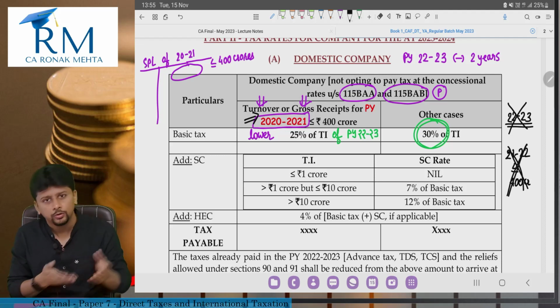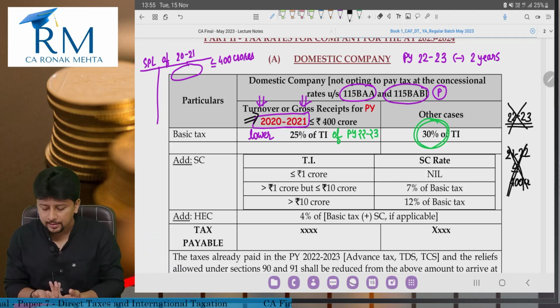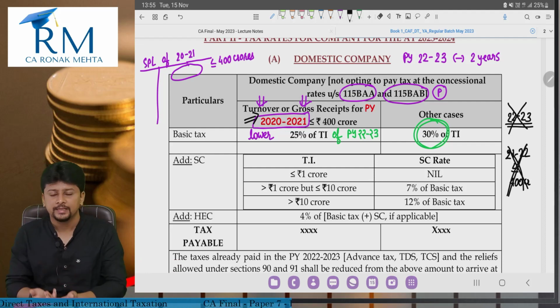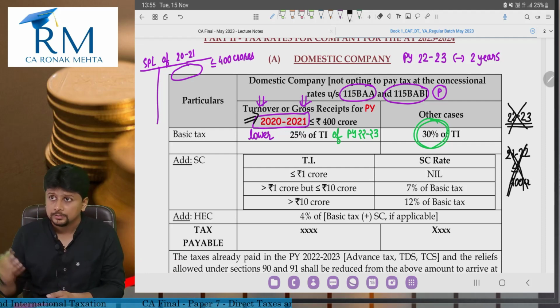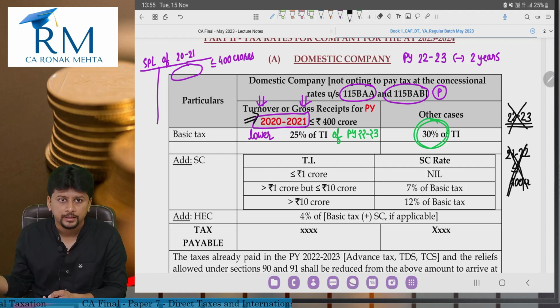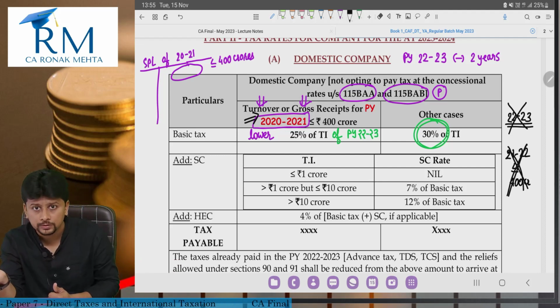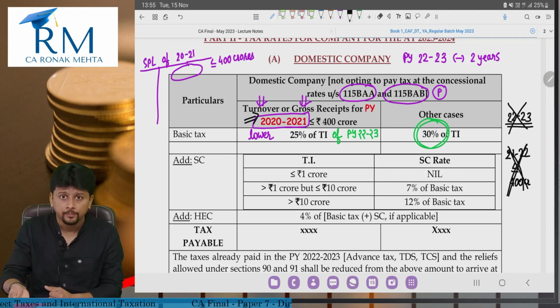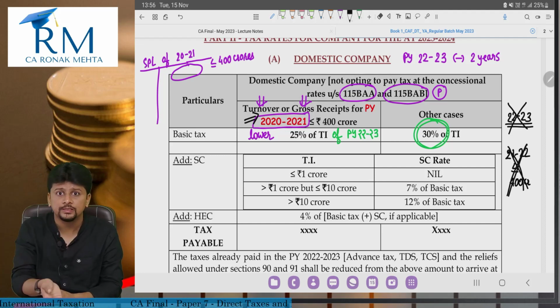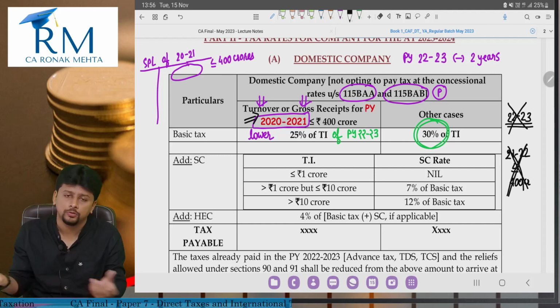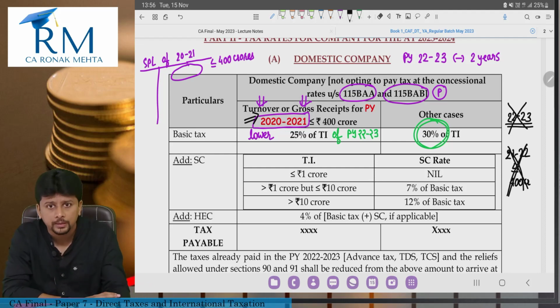Current year also, 2 years ago also, they are capable enough of paying tax at the rate of 30%. A company like Reliance Industries Limited will have a turnover of 7, 8, 9,000 crores. Its total income will be 50, 60, 70, 80 crores. So yeah, it is possible for them to pay 30% tax.